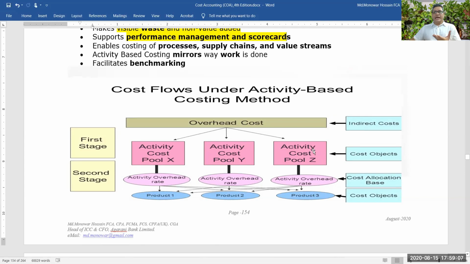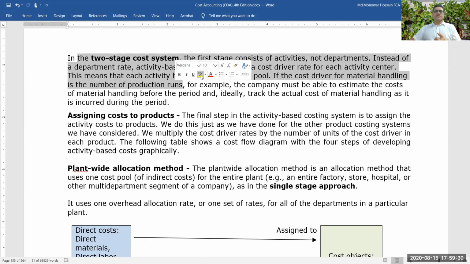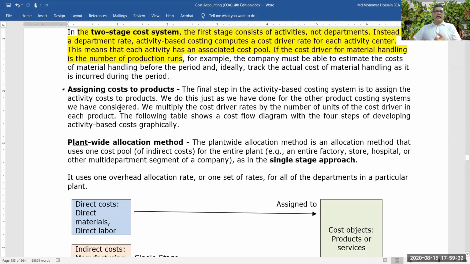The activity cost multiplied by the overhead rate gives us the overhead from ABC costing. Then in the second stage, we allocate it to the cost object. This is the two-stage costing system, assigning cost to product. The final stage of the activity-based costing system is to assign the activity cost to the products.